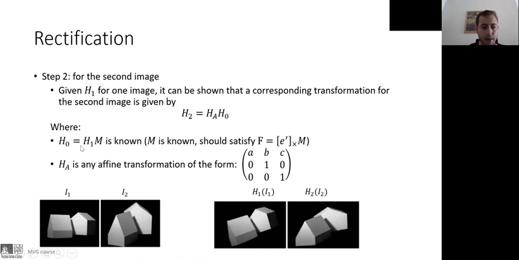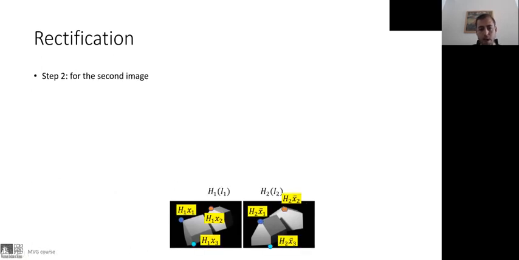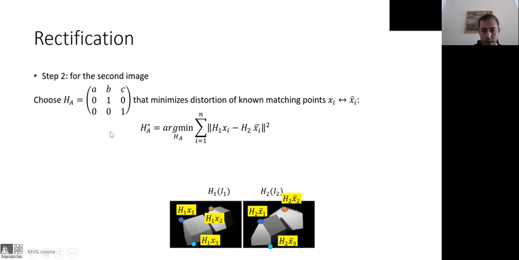And HA is any affine transformation of this form. So I can, for example, use identity. I can choose a to be 1, b 0, c 0, and then HA is an identity matrix. But it's better to choose HA that minimizes distortion, because I don't want my rectified images to look very different.